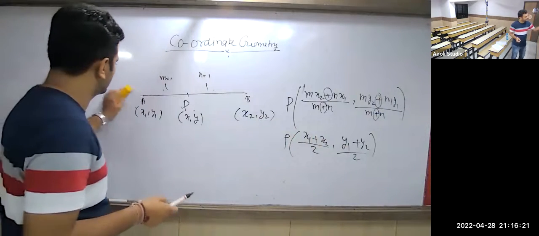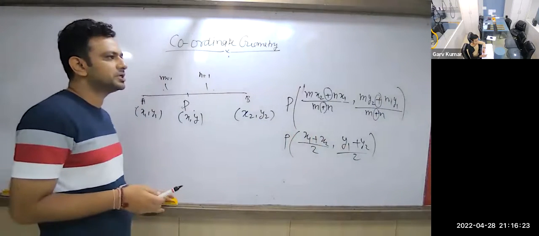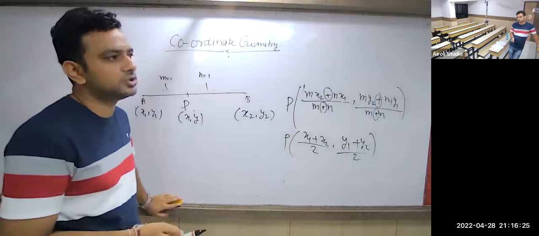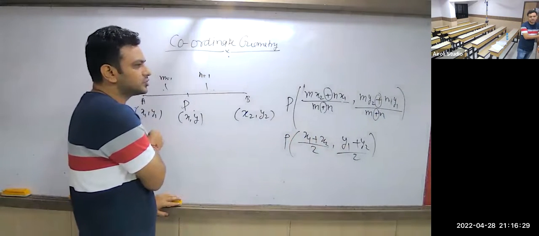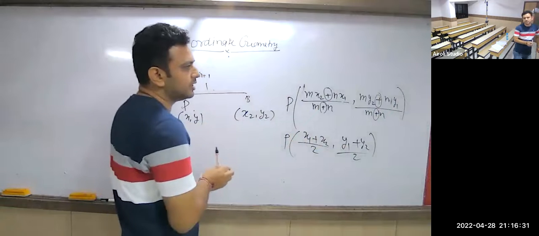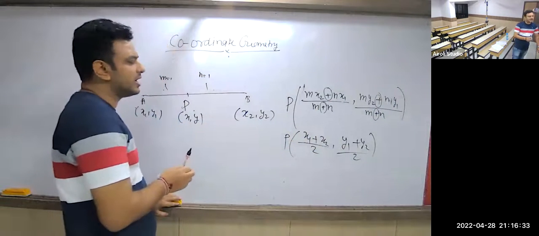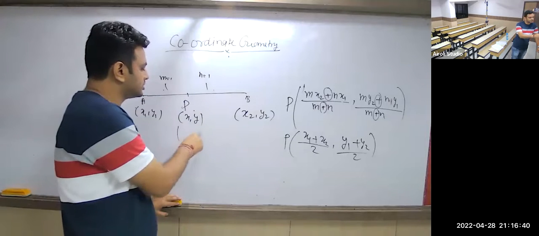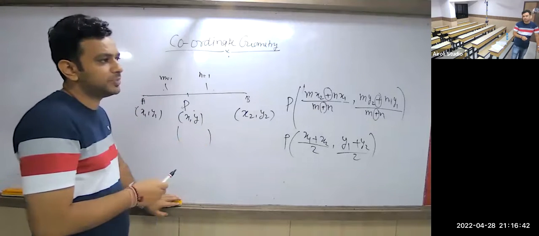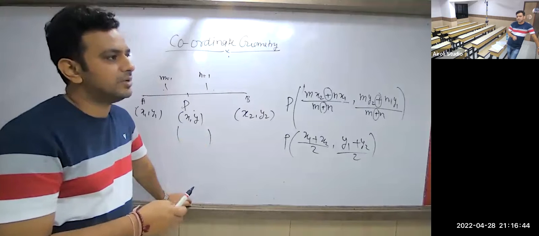So in a question, if they ask for the ratio, they are given that A point coordinate is, let's say, (2, 3) and B point coordinate is (3, 4), and they will ask for the P point, in which ratio P divides the line segment AB.